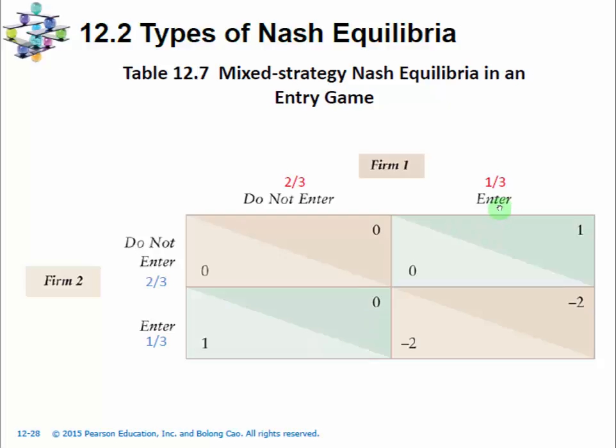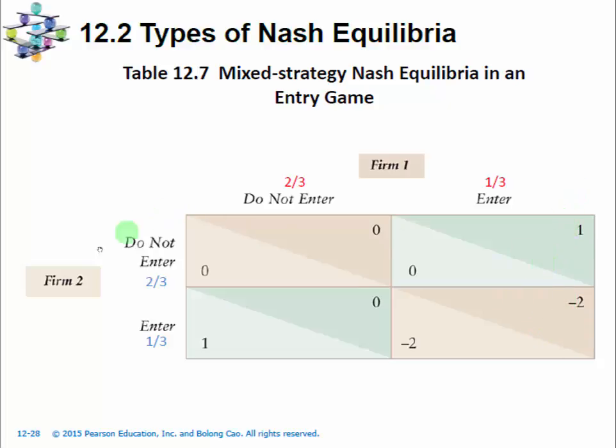The expected payoff for firm 1 to enter is 0 as well when firm 2 puts 1/3 on enter and 2/3 on do not enter. Let's calculate that. We use 2/3 times 1, that's 2/3, and 1/3 times minus 2, that's minus 2/3. So 2/3 plus minus 2/3, we have 0 again.